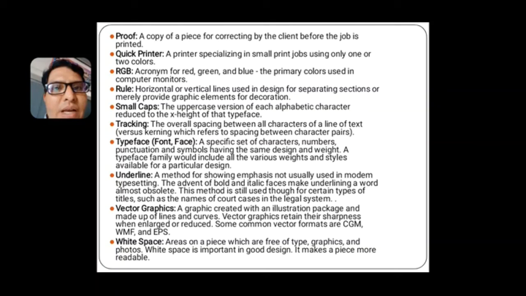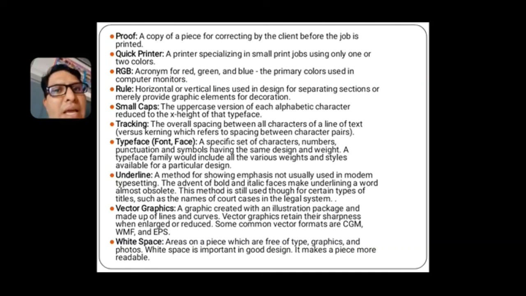Okay, and next one is vector graphics, graphics created with an illustration package and made up of lines and curves. So vector graphics are created with the tools available in these packages and made up of lines and curves. Through these lines and curves we are creating the graphics.